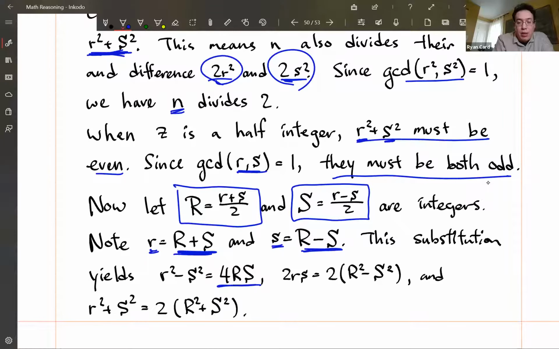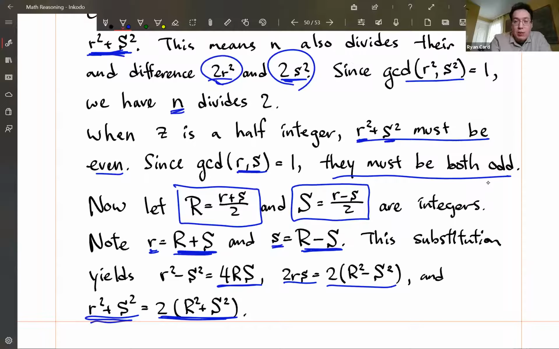The difference of the squares is going to be 4 times big R times big S. The 2rs is going to be 2 times the difference of the squares of capital R and S. And the sum of the squares is going to be twice the sum of squares.